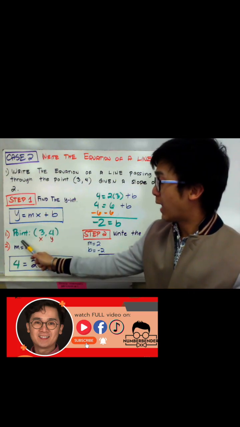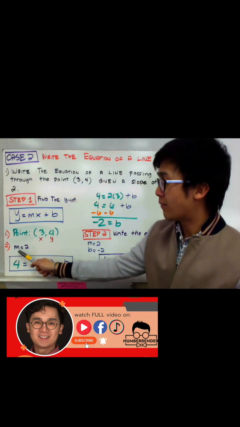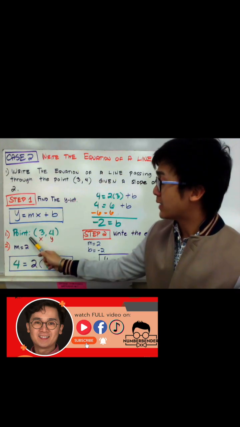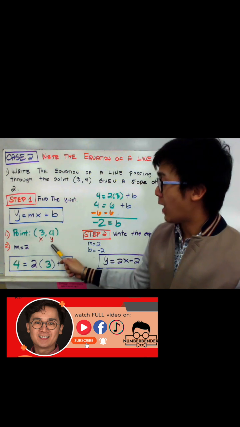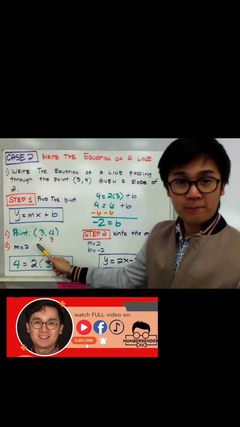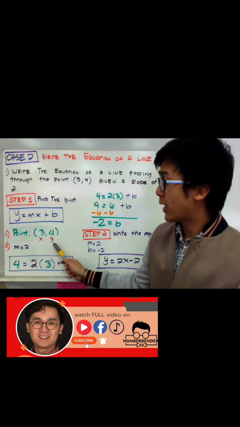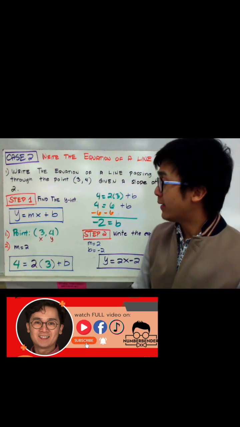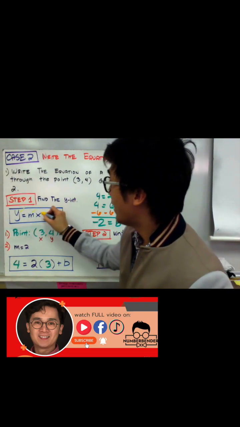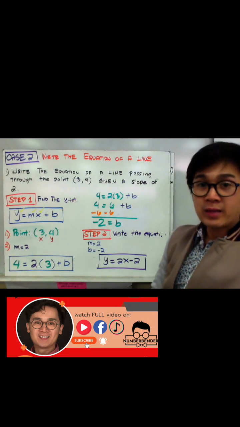So we know that we have a point which is (3, 4) and we have the slope which is 2. And since a point is an ordered pair of x and y, we can replace the values of x and y by the given point, and by direct substitution we will fill in the formula by replacing y, m, and x by the given values.